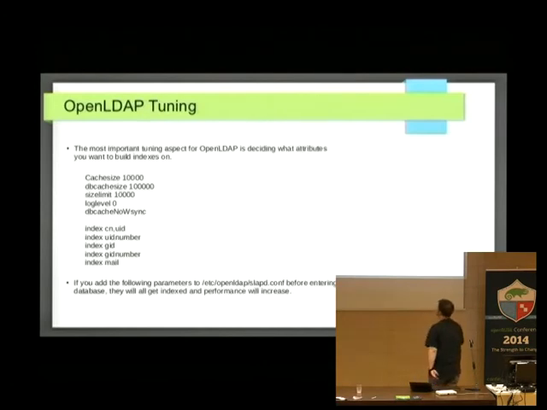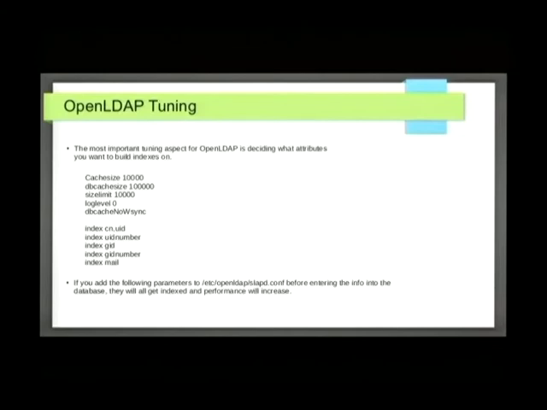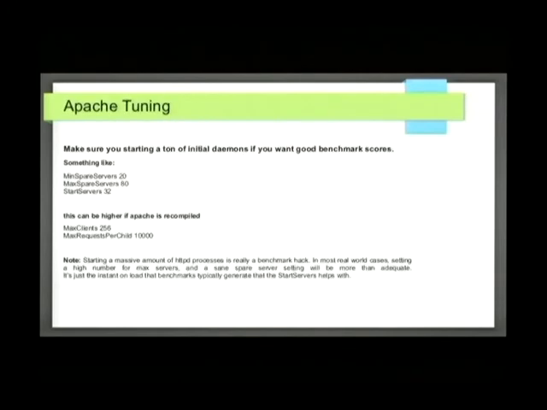Okay, when we are talking about OpenLDAP tuning, the most important tuning aspect for OpenLDAP is deciding what attributes you want to build indexes on. This is one example. If you add the following parameters to slapd.conf before entering the info into the database, they will all get indexed and performance will increase. Then when we are talking about Apache, make sure you are starting a ton of initial daemons.